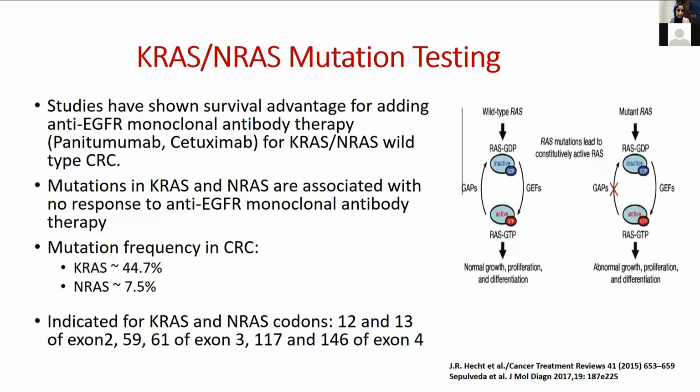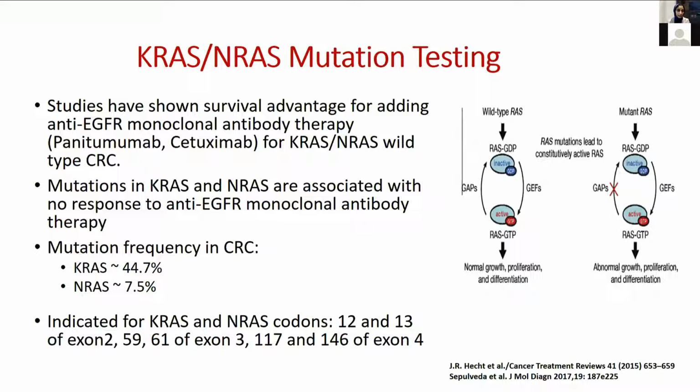As far as KRAS and NRAS mutation testing, studies have shown survival advantage for adding anti-EGFR monoclonal antibody therapy, as we have mentioned, panitumumab and cetuximab, for KRAS, NRAS wild-type colorectal cancers. And mutations in NRAS and KRAS are associated with no response to anti-EGFR monoclonal antibody therapy.